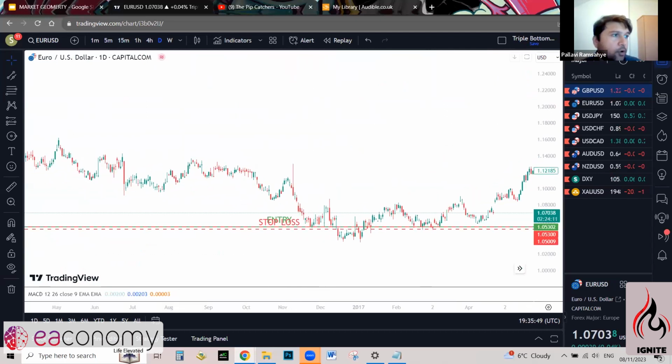Does anybody have any more questions about how that pattern works? I hope that makes sense for the 4-hour breakout and retest as well.